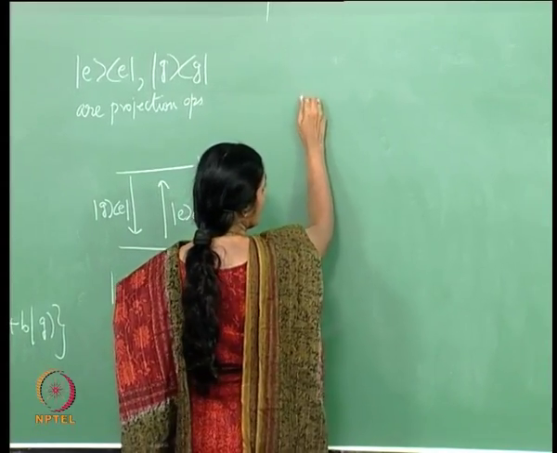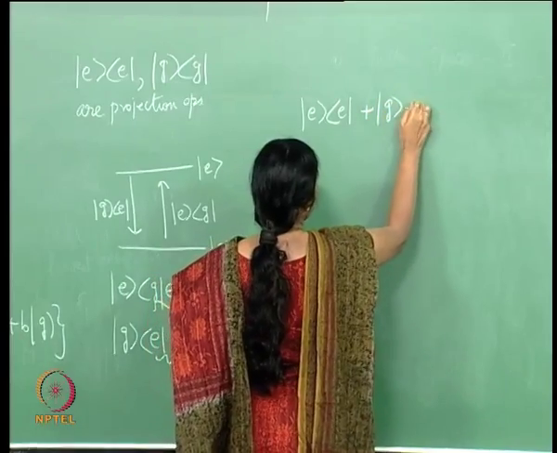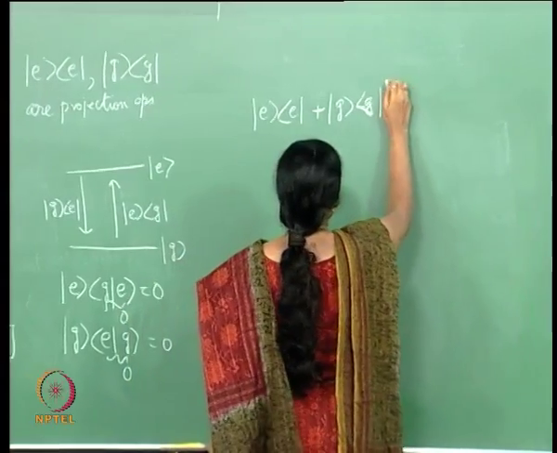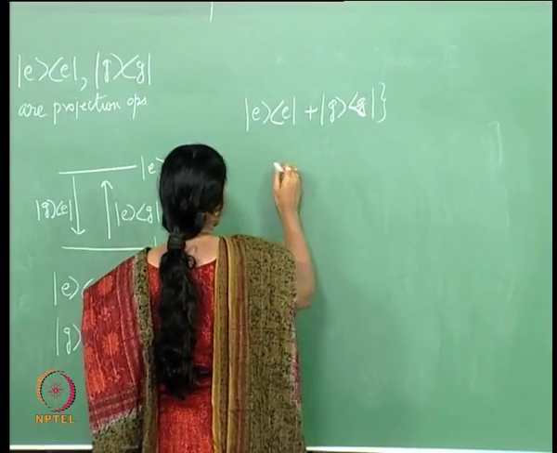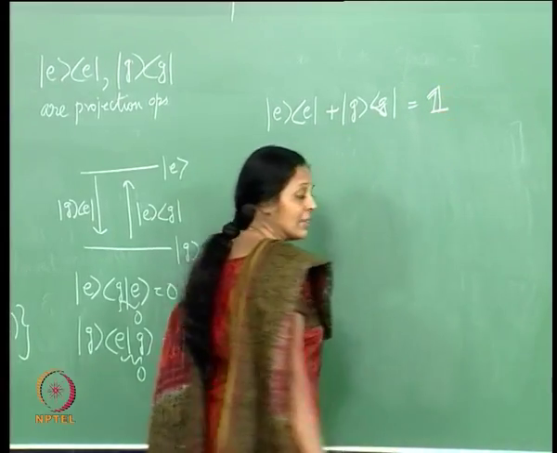Needless to say, if I now consider the operator |e><e| plus |g><g|, that is simply going to play the role of the identity operator.